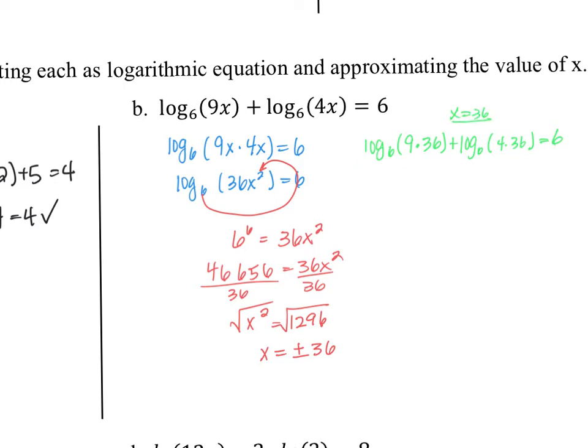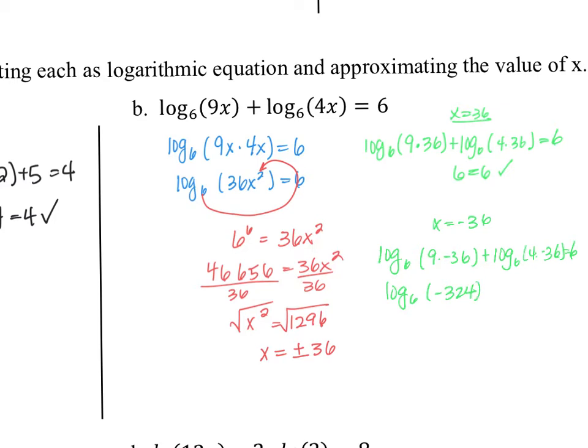When you put that into your calculator, this side does actually give you 6, so we're good there. Now let's try x is equal to negative 36. We have log base 6 of 9 times negative 36 plus log base 6 of 4 times negative 36. Does that equal 6? And actually you get log base 6 of negative 324.